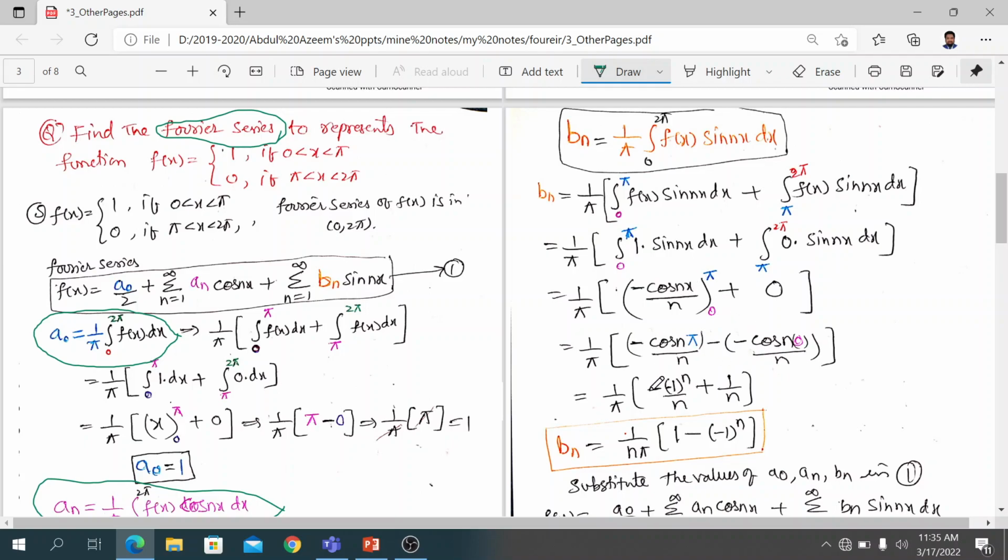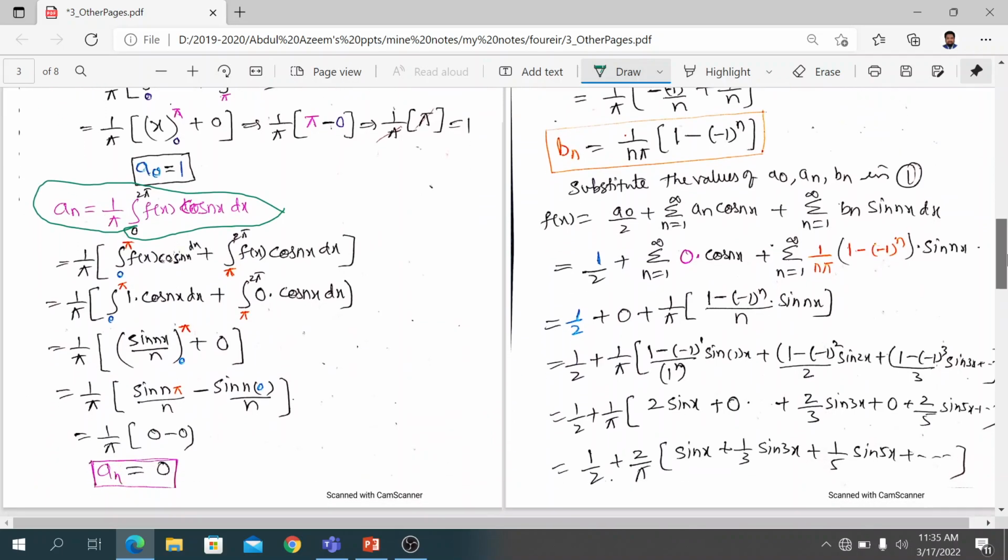So minus as it is, cos n pi we know minus 1 power of n by n, minus into minus plus, cos n into 0 is cos 0, 1 by n. So LCM n, take it outside. So 1 by n pi, first we will write 1 minus of minus 1 power of n. This is bn.